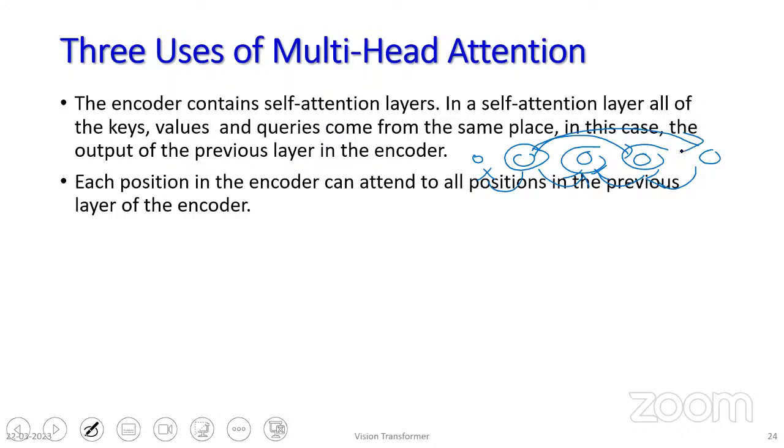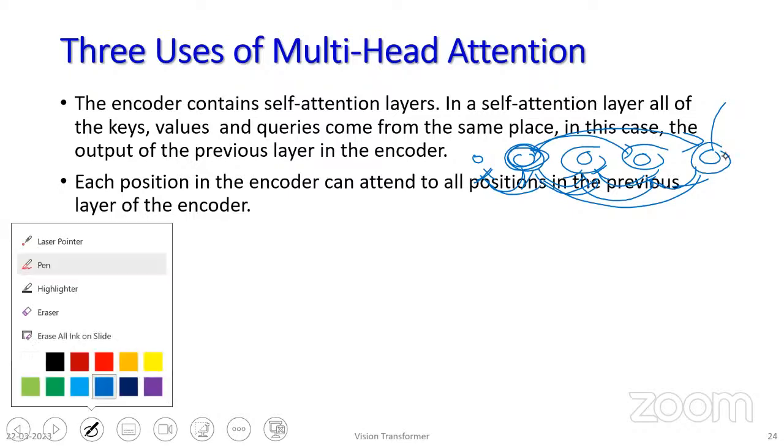So the encoder contains a self-attention layer. Here the query, for example, can be this word, and the keys can be this word, and this word, and this word. They all can be keys, right? And the value will be associated with their alignment with these words. Is that clear to you?